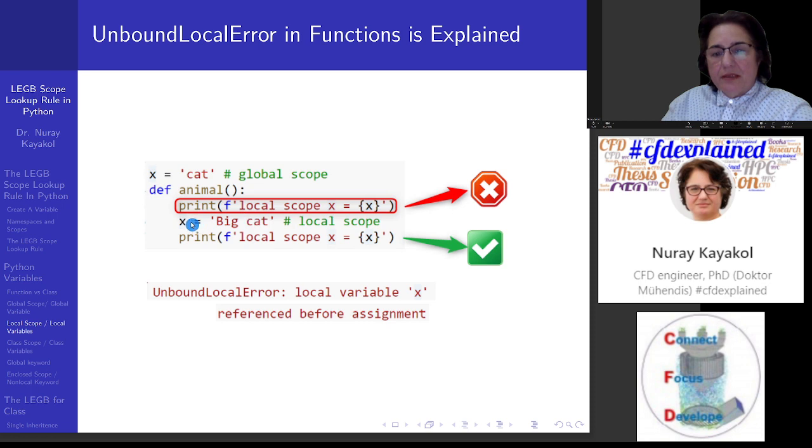If you type a print statement before the assignment of the local variable, Python will give you an unbound local error saying local variable x referenced before assignment. So this first line needs to be removed, and the position of the print statement after the assignment of the variable value is the correct position.